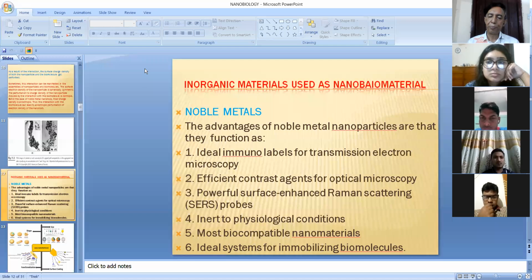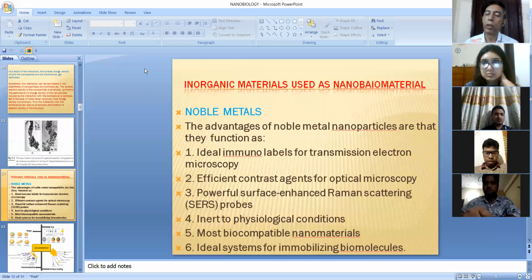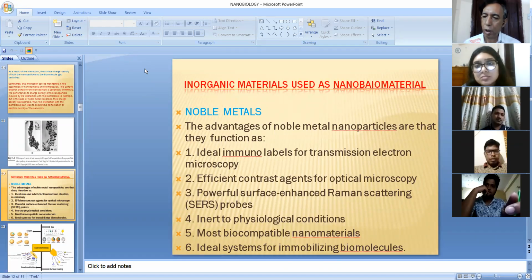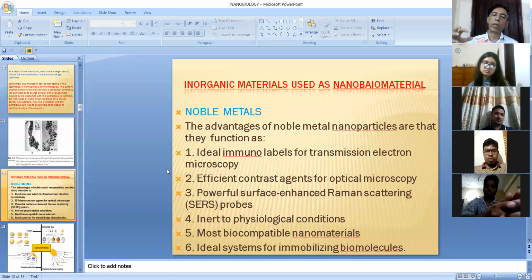So these substances are very much detectable, and as well as they are biocompatible. These are the main advantages of using noble metal as inorganic materials.